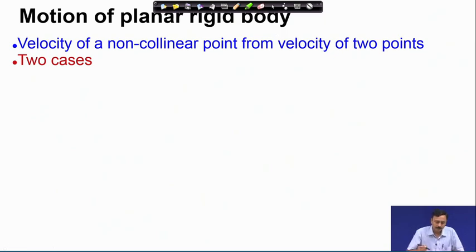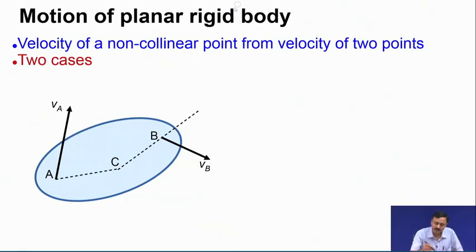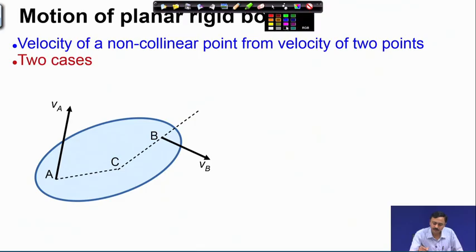Now, let us consider a rigid body again on the plane with velocities specified VA and VB, which must satisfy of course our constraint. Let us look at that once again. This is the direction AB.